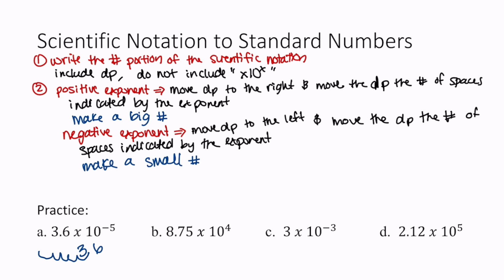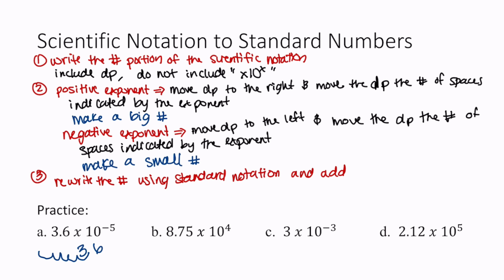Now I'm going to do my third step, which is rewrite the number using standard notation and add zeros to show the magnitude of the number, so how big or how small the number is.